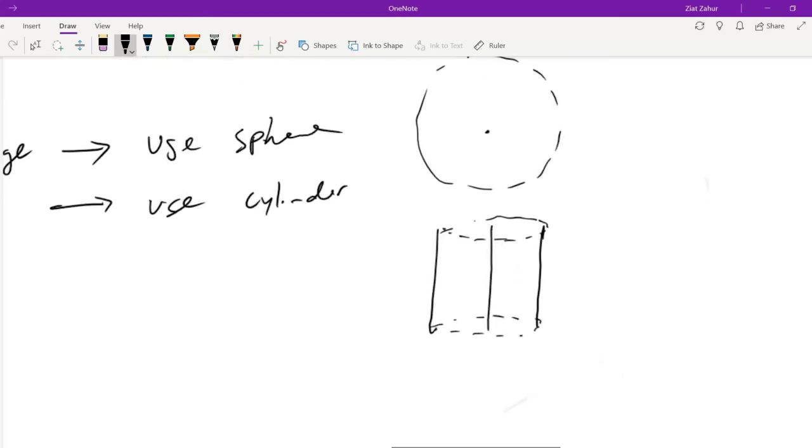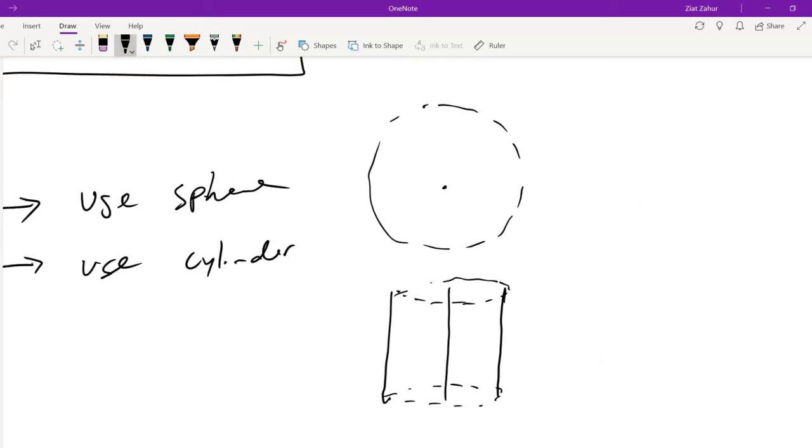Okay. So what is the radius? The radius is going to be based on where you want to find your electric field. So if you want to find it at this point, then you create a sphere that has a radius based on the distance from your charge to where your point in question is, right?